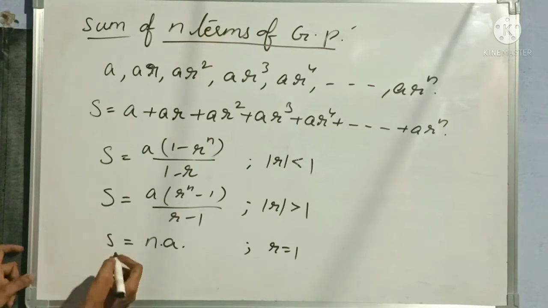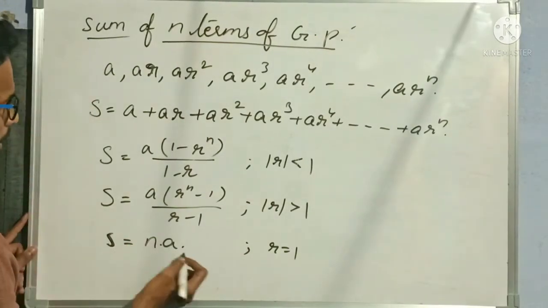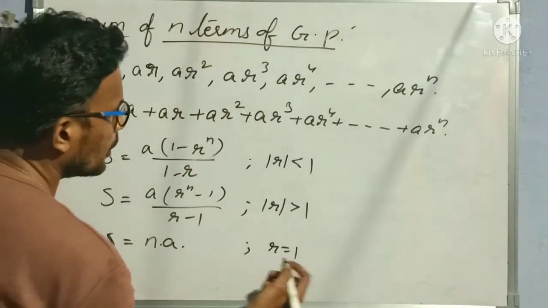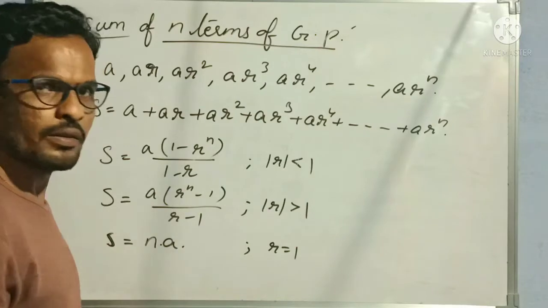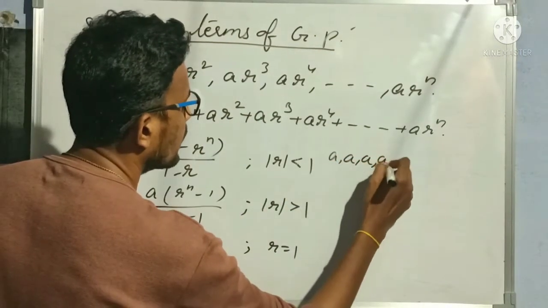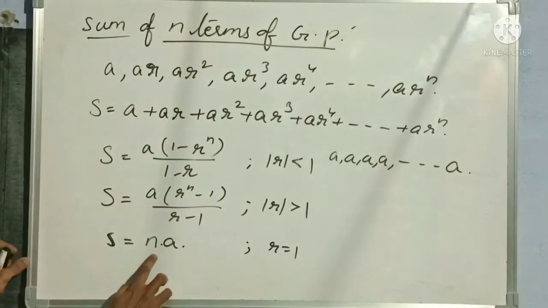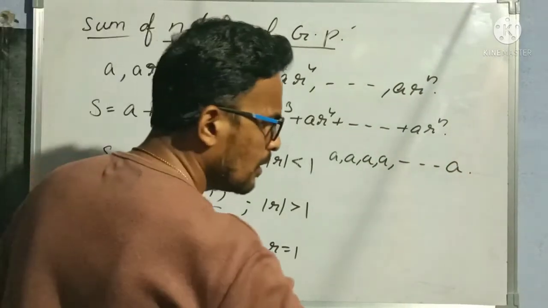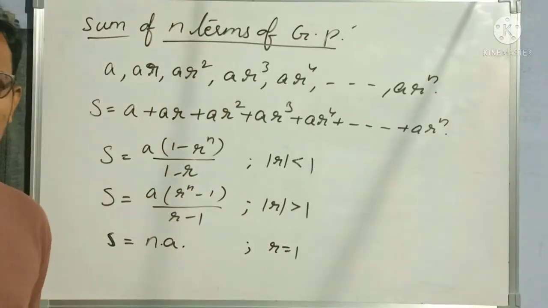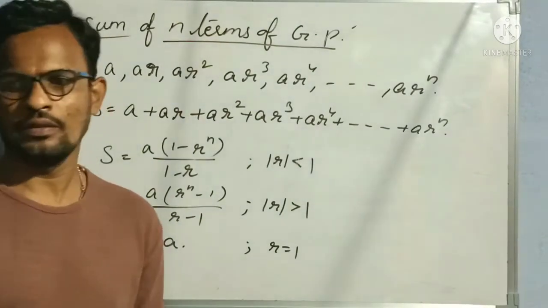Next, when r is equal to 1, then we have to use the formula n into a. Understood? Why? Because here our common ratio is 1, so our GP will be like this: a, a, a, and so on n times. Understood? That's why n times a. That is our sum to n terms when common ratio is equal to 1. Understood? Note down. All these formulas are very, very important.